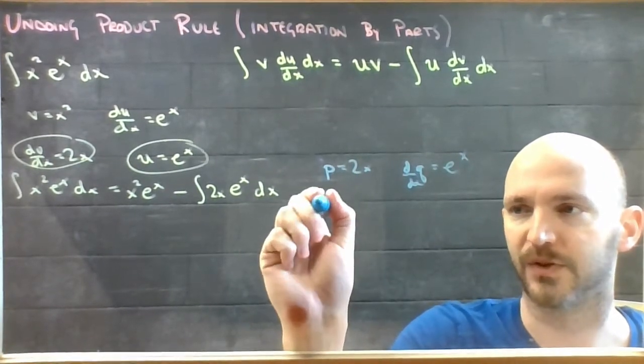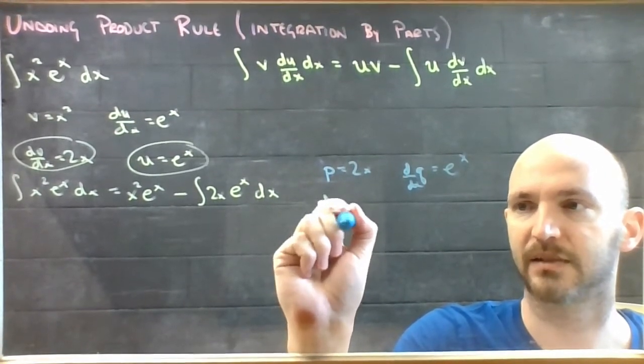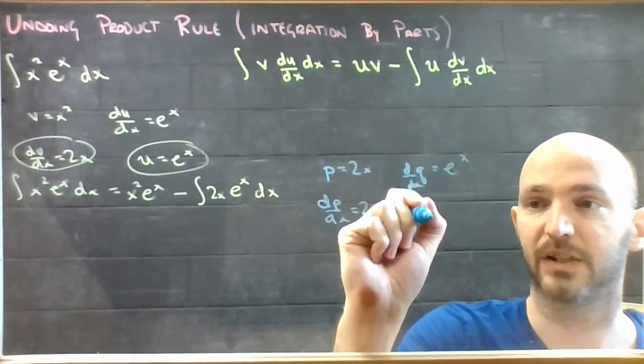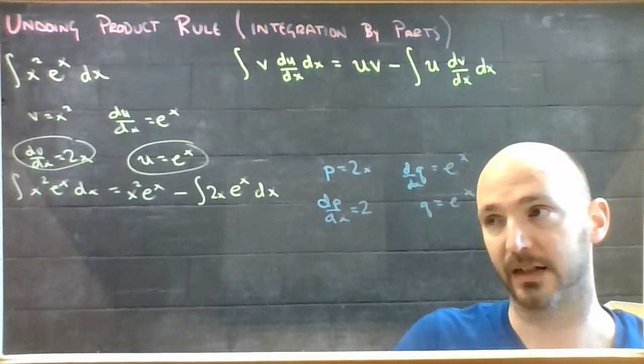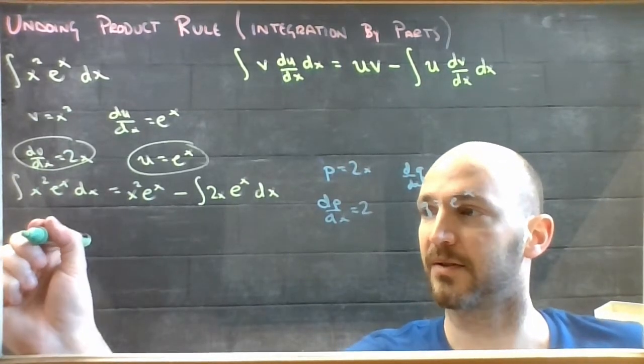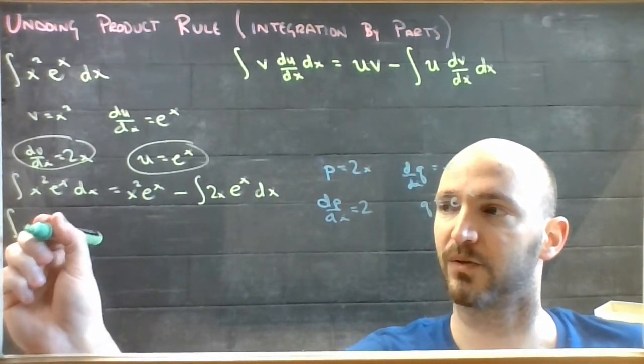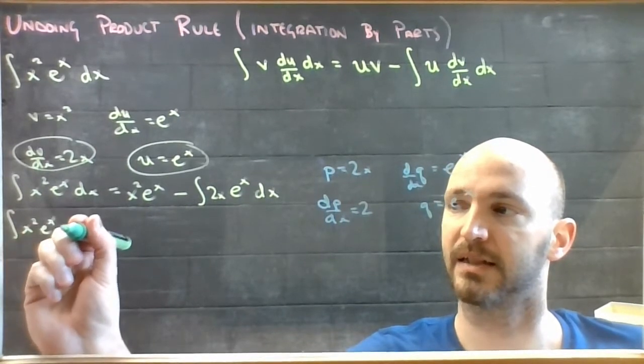So under those choices, dp dx would be 2, and q would be e to the x. So what I'm going to do there is I'm going to keep this. That was my original question, integral of x squared e to the x dx.